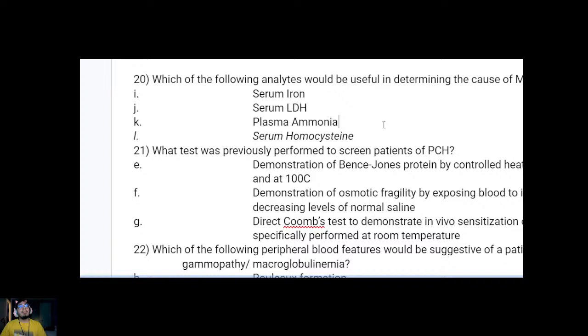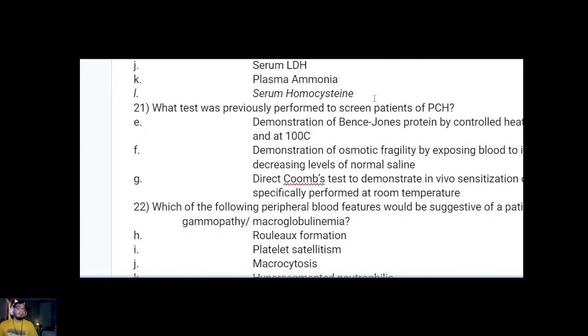You can use the methylmalonic acid or MMA method, but serum homocysteine is enough. At the very least, what I'm asking you is the serum homocysteine analyte.